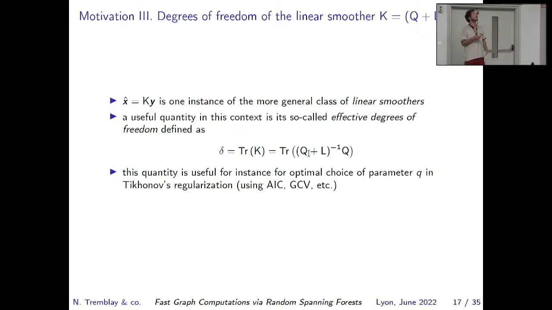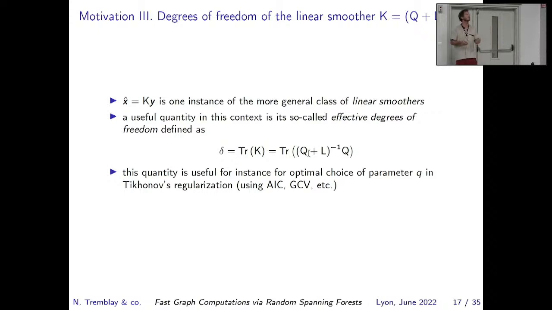One of them is to compute the effective degrees of freedom of this linear smoother, k, that was a qI plus L minus 1 qI. And by actually computing this trace here, you gain some information on how to choose the parameter q.